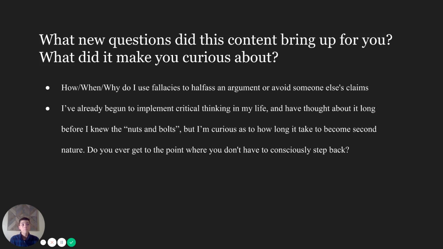I'm very curious as to how long it would take, if it's possible, to just use critical reasoning and critical thinking all the time without having to critically think about it. So when does it become second nature? And if it even can become second nature, like fallacies are, because fallacies can be very, very second nature. They can be right on the tip of your tongue.